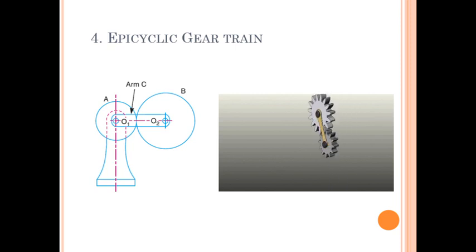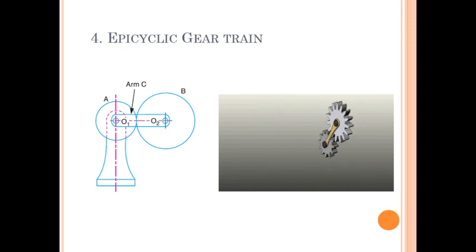Now, for this epicyclic gear train, n number of applications are there. Epicyclic gear trains are useful for transmitting high velocity ratios with gears of moderate size in a comparatively lesser space.